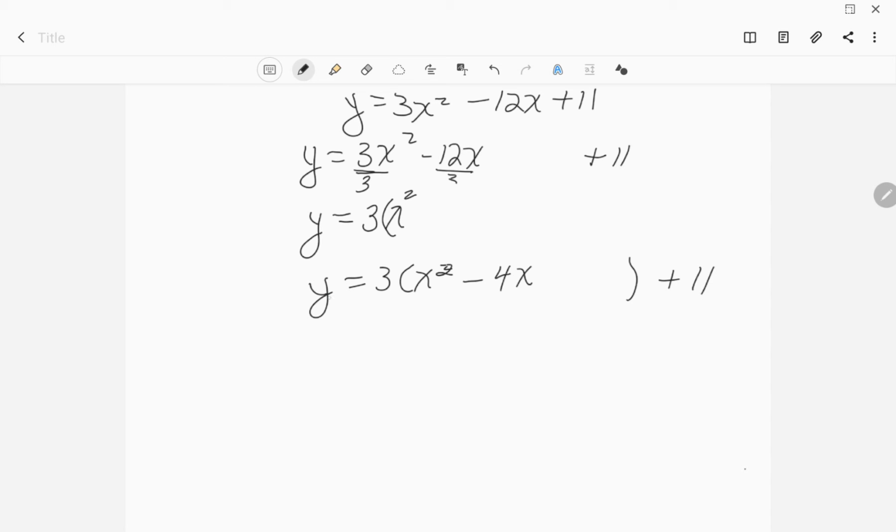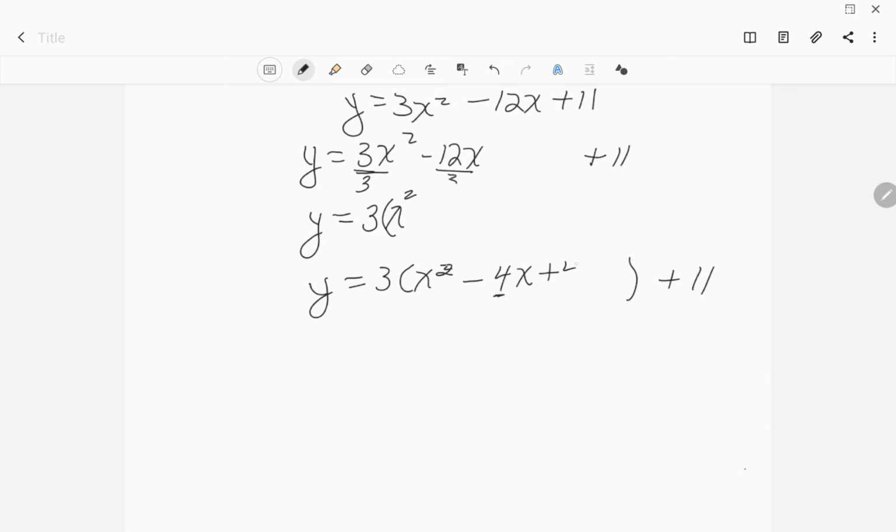Once you've taken out that common factor, once you've taken that 3 out of there, you can now complete the square. So once again, to complete the square, we take the number in front of the x, which is 4. We divide it by 2. 4 divided by 2 is 2. And then we take that answer and we square it. So 2 squared would be 4.